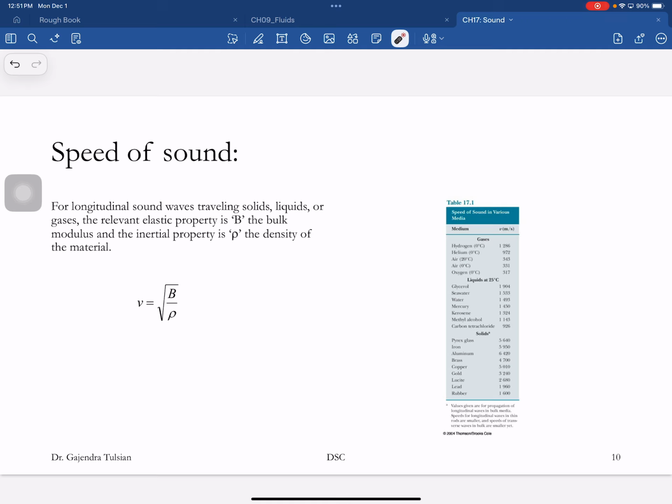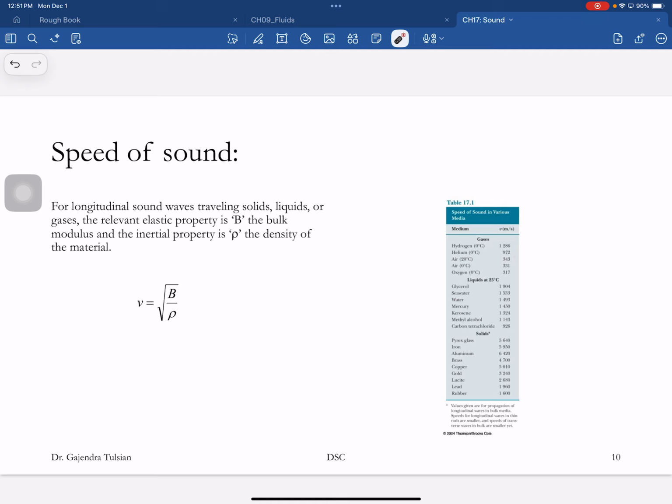So let's look at this. You mostly get sound waves traveling through air. Now, if you happen to be a scuba diver and live underwater quite a bit, then the sound wave is traveling to you in water. But in air, the speed of sound is about 340 meters per second. We'll measure this in lab in physics too.